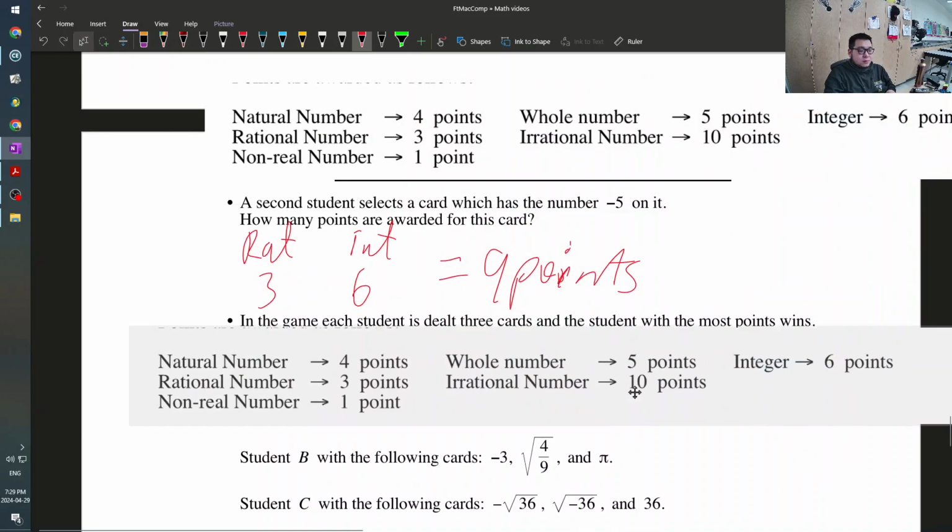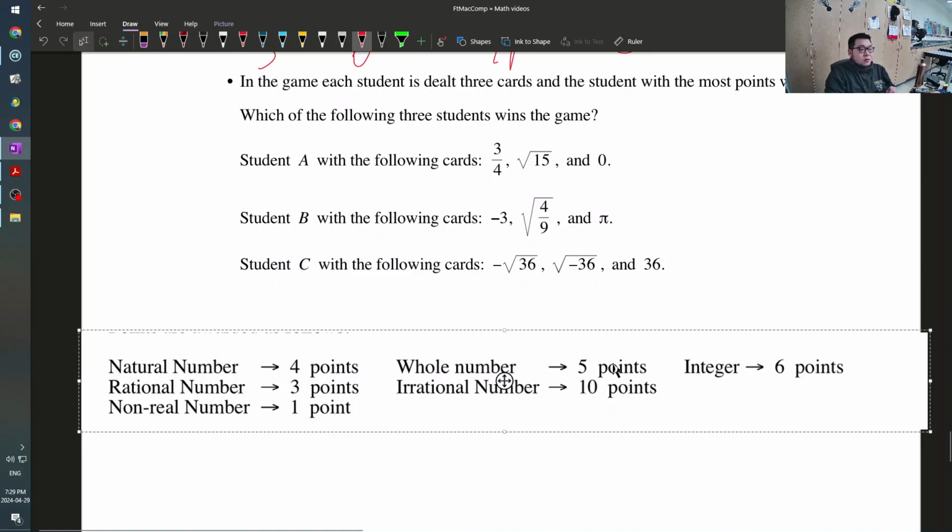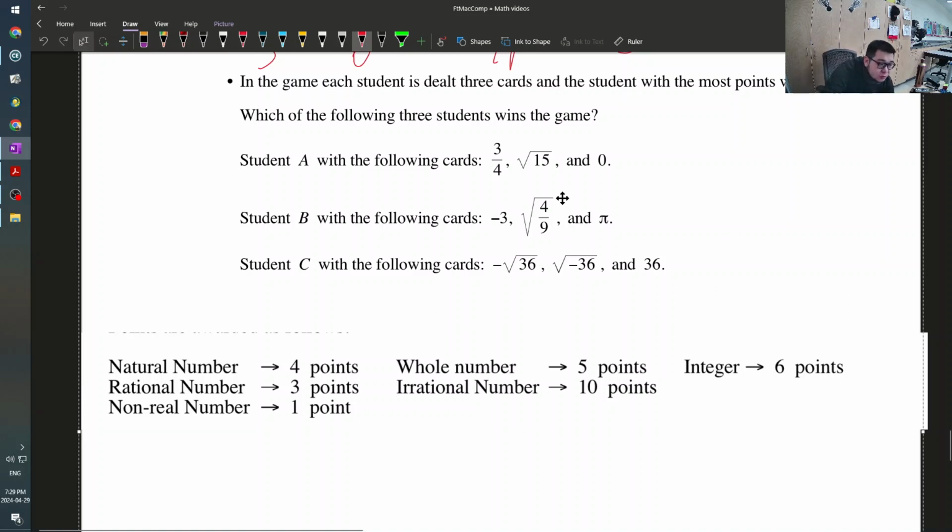Okay, now let's do this long question. In each game, the student is dealt 3 cards, and the student with the most points wins. Which of the following wins the game? So 3 over 4 is a rational number, that's it. So 3 points.